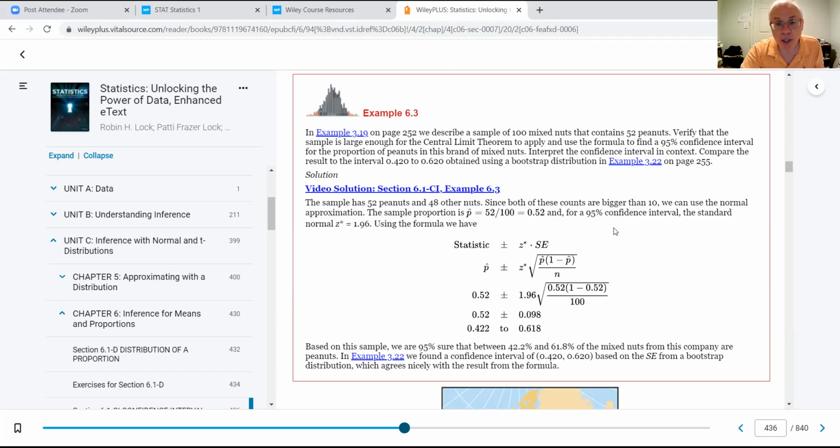And we want to create a 95% confidence interval. So, the question is, what is Z star? Well, Z star is going to be that endpoint that we calculate from inverse normal.